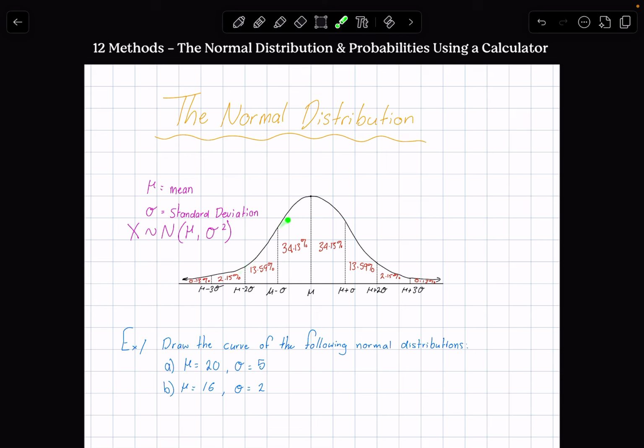Now, a normal distribution has this nice bell curve, and what we do is center it around the mean, and we add 3 standard deviations either side, and we subtract 3 standard deviations either side. And you can see a certain percentage or probability or proportion of anything will fit within a certain range.